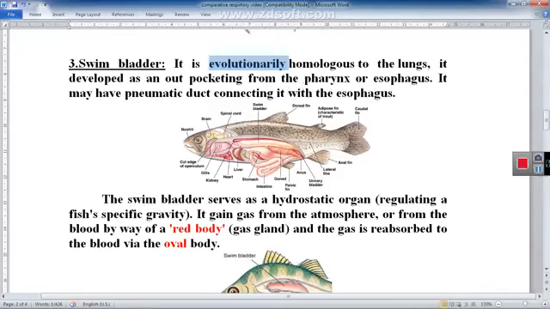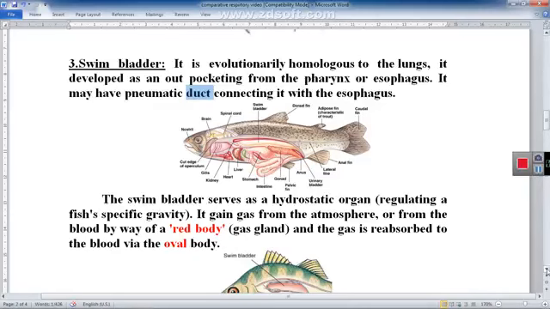As this figure shows, we may have a swim bladder or gas bag that is connected with the pharynx, or it may be connected with the esophagus. This swim bag may have a pneumatic duct that is connected with the esophagus.